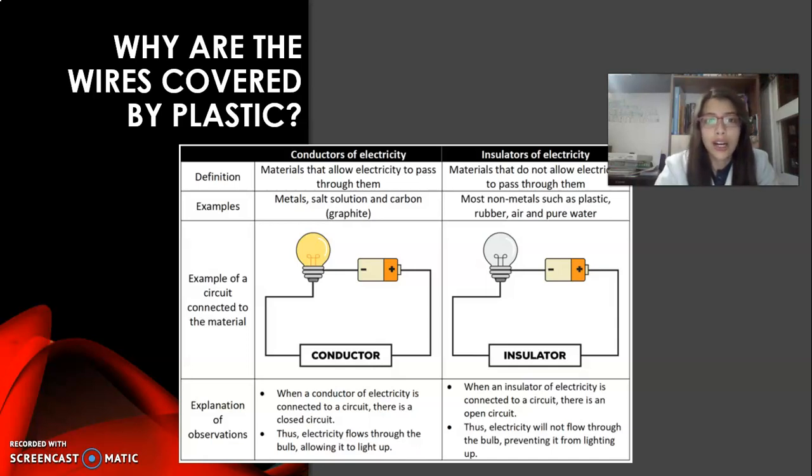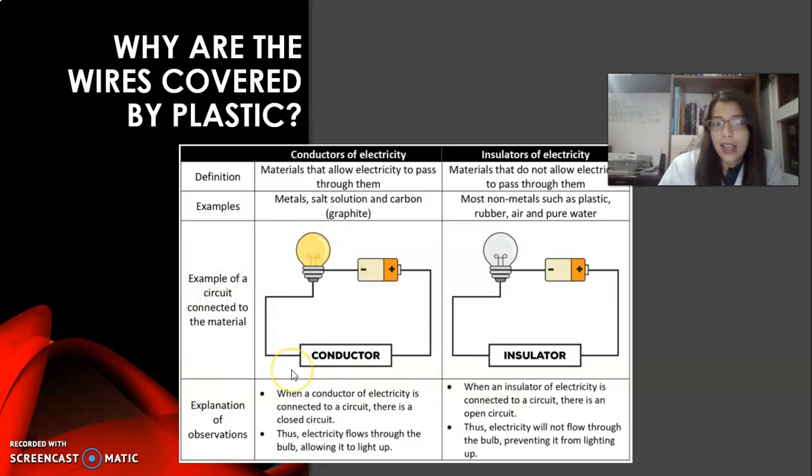Examples of conductors are metals, salt solutions, and carbon, and examples of isolator materials are non-metals, plastic, rubber, air, or glass.